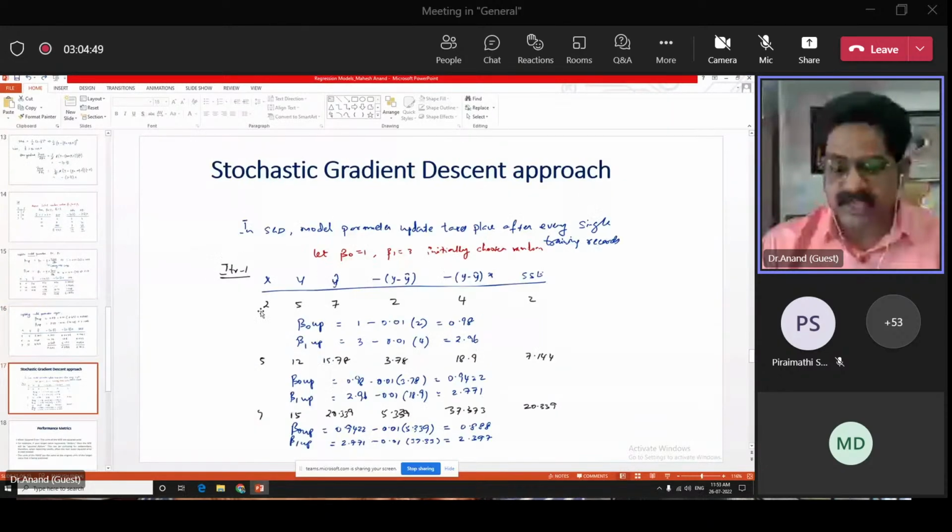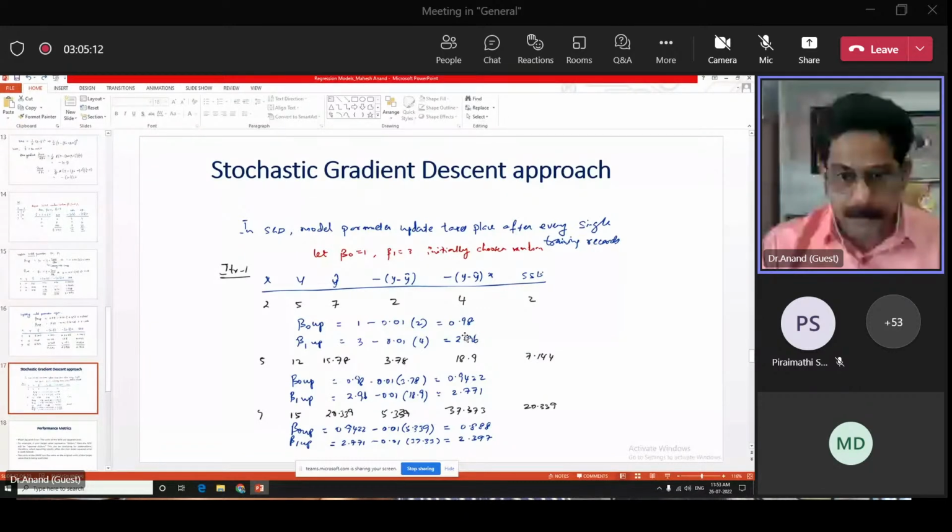Initially, I start with the same random initialization, 1 and 3. As per the equation 1 plus 3 times x, I calculate y cap. These are the individual gradients, right? 2 and 4 are the individual gradients. Immediately, I update the slope and intercept. Can you see? My slope and intercept got adjusted by using the individual gradient. 2 and 4 I substitute to calculate this.